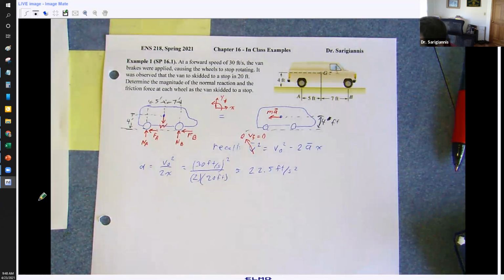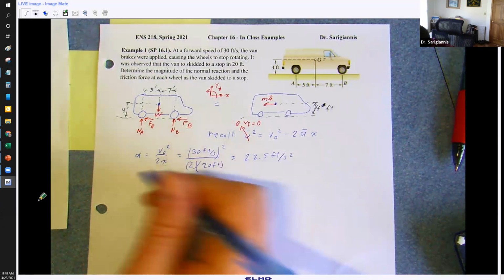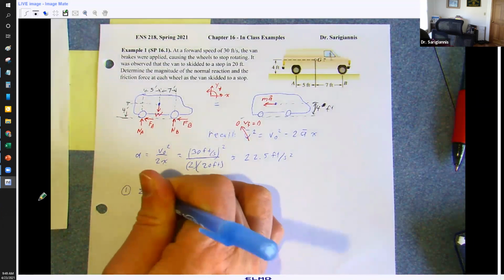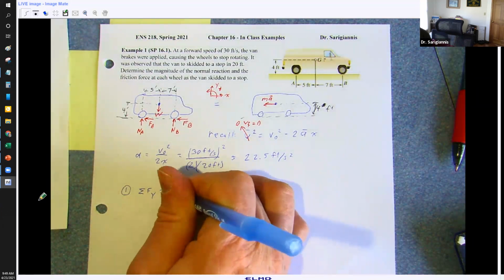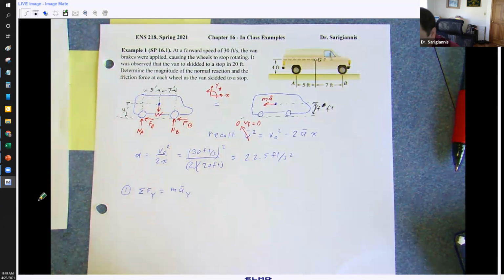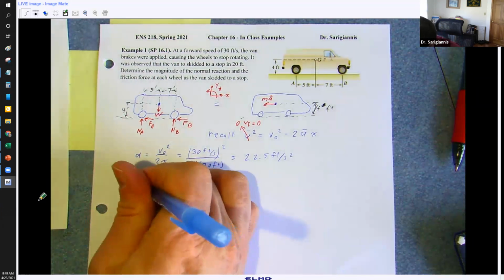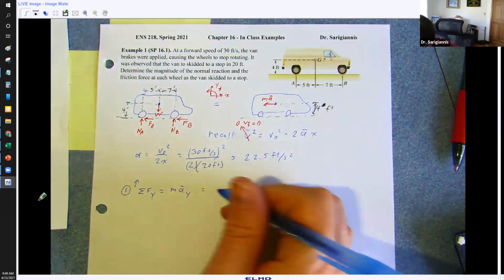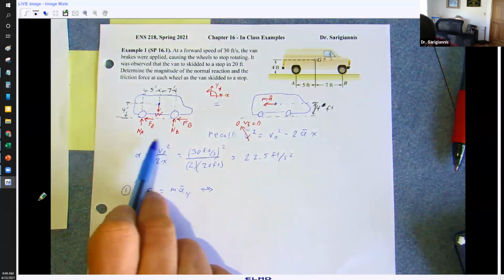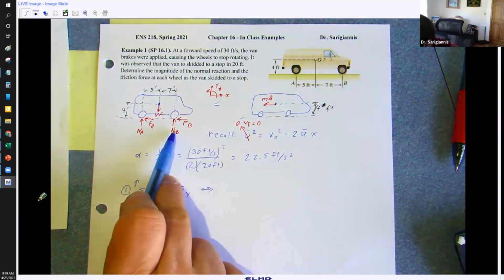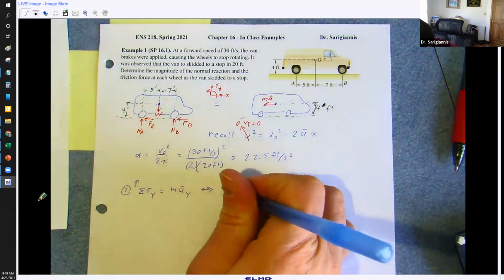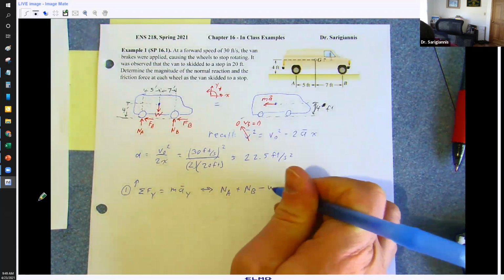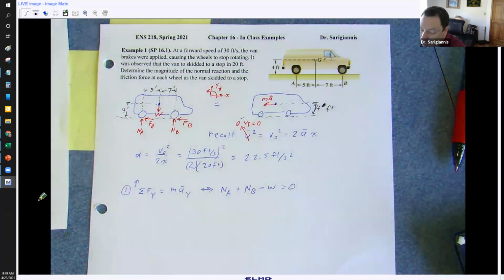You know what? I might as well write them down because we still have time. So let's write our equations. Sum of the forces in y is m a bar y, right, in the positive y direction. Let's just draw an arrow. What do we got? We got NA plus NB minus W equals 0.